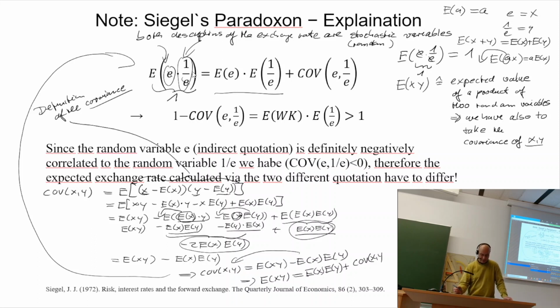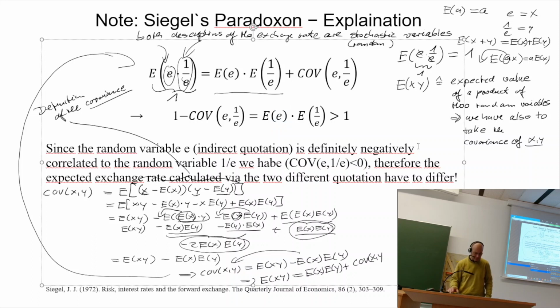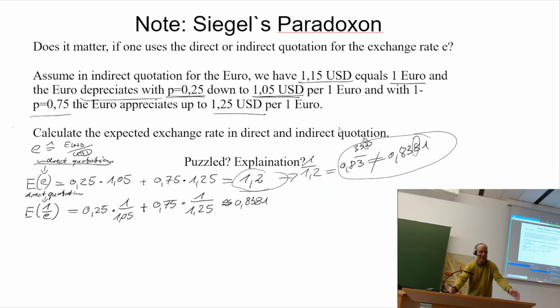And from this, we know this is just 1 because the E and the E are canceling. And then this would mean, oh, sorry, here we have to use an E. And then we have 1 minus covariance of E and E is the product of these two, where in general, when we are going back to our example, we would have expected that this is just the inverse of this, where we found no, it's not.